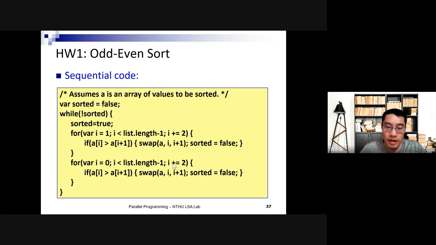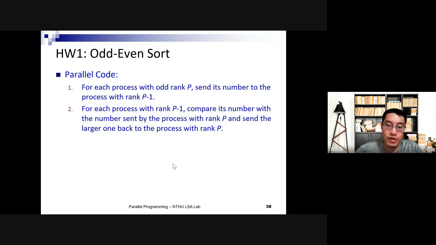Okay, and we have the pseudocode, which, as you can imagine, is probably not too hard to understand. And your goal is to implement it in parallel, right? Intuitively, the behavior is just like we described.